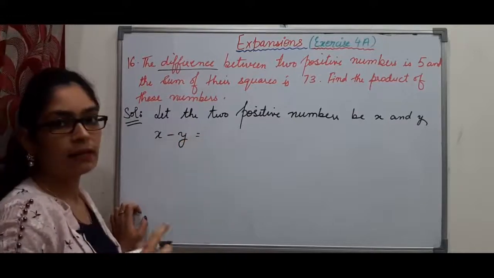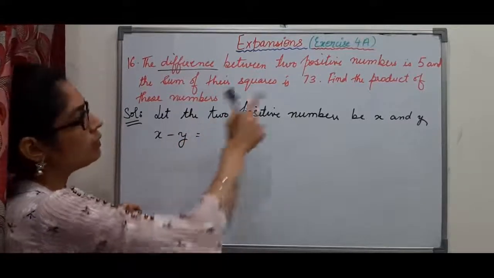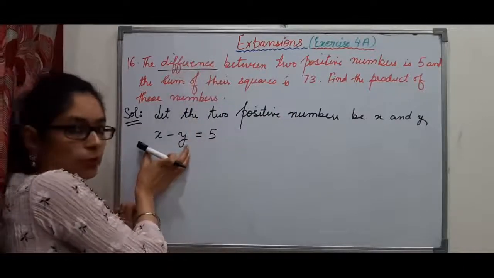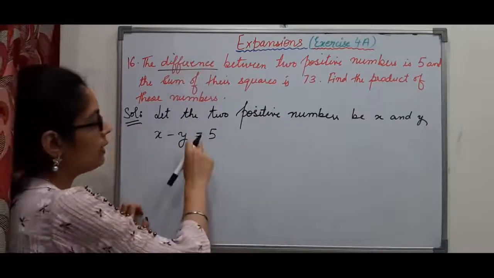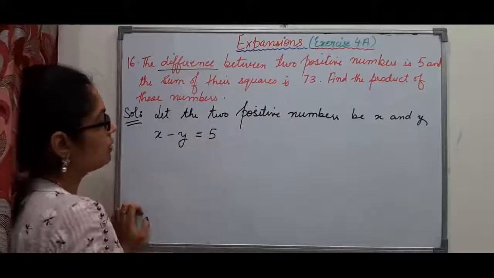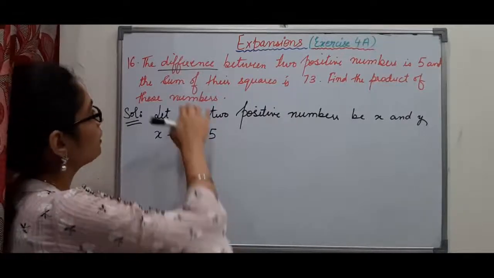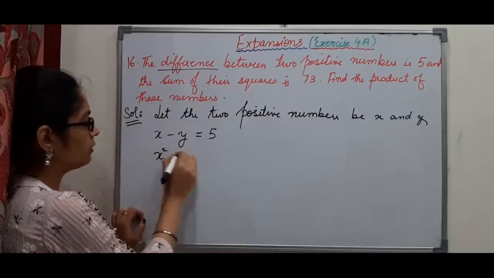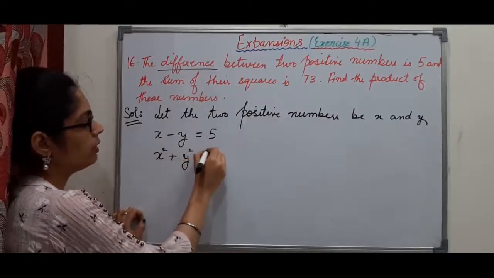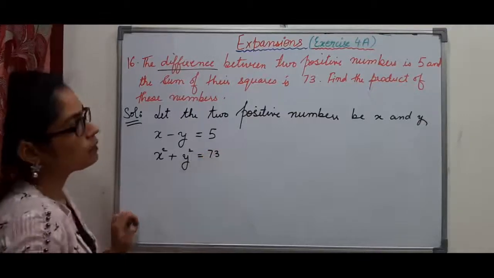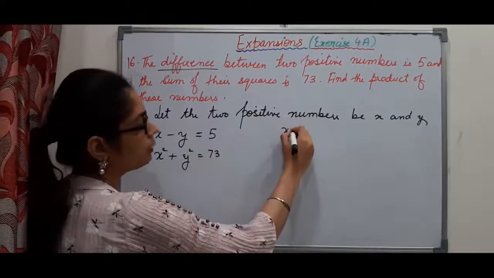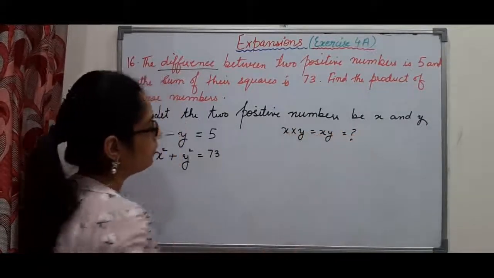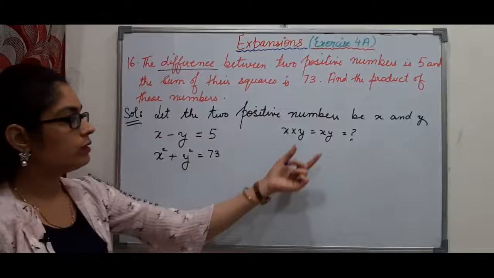So x minus y is given to us as 5. The sum of their squares, that means x square plus y square is equal to 73. Find the product of the numbers. So product means x into y, that is xy we have to find. So these two things are given and this we have to find.